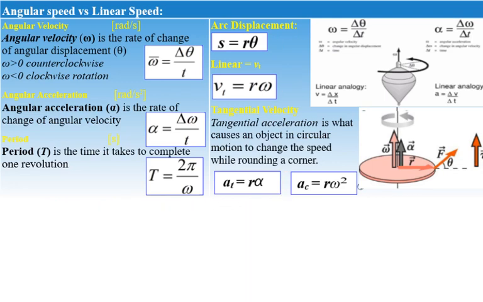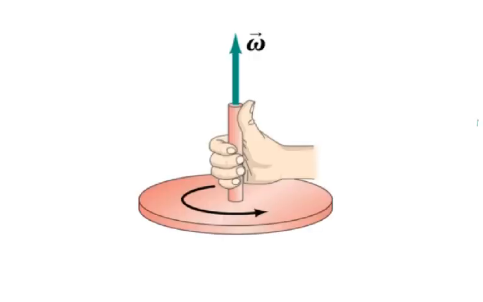Another part that you should know is the direction of angular velocity and angular acceleration. You can see it from our graph right here. So here is the angular acceleration direction, and here is the angular velocity direction. And it is the right-hand rule. When I say right-hand rule, I mean like this picture that is shown right now on the screen. You see the black arrow is showing the direction of rotation. So you curl your fingers with the direction of the rotation, and your thumb is sticking up.